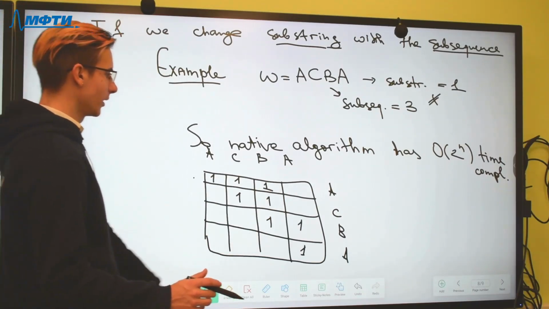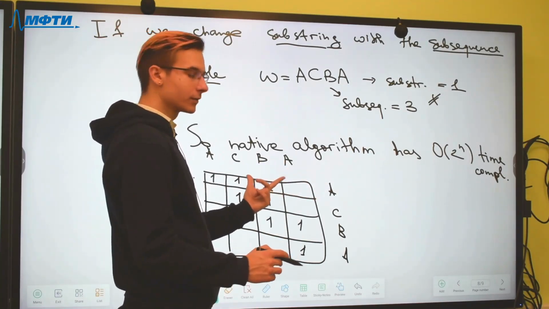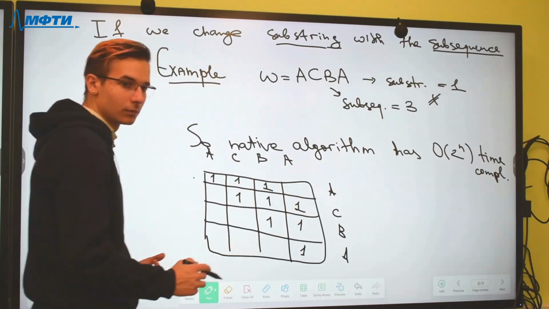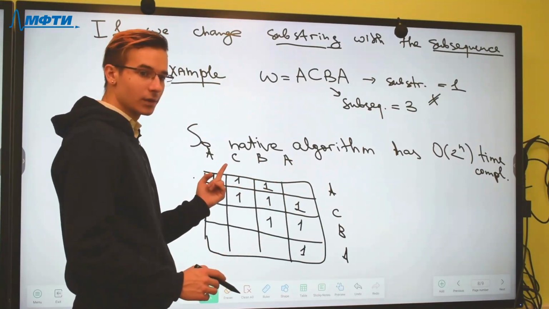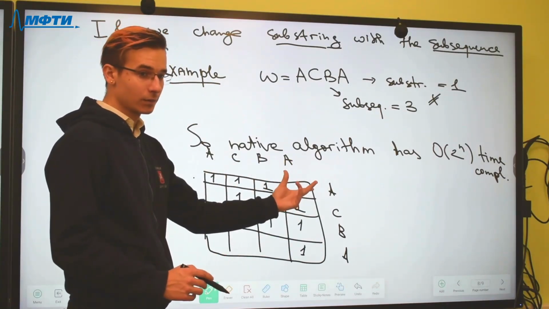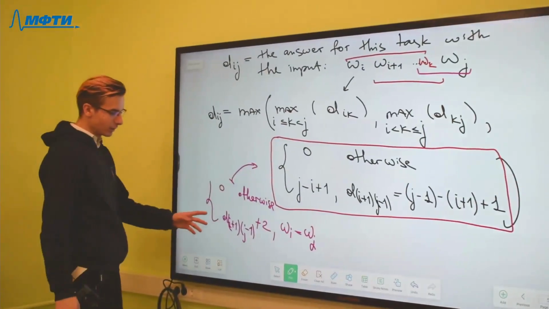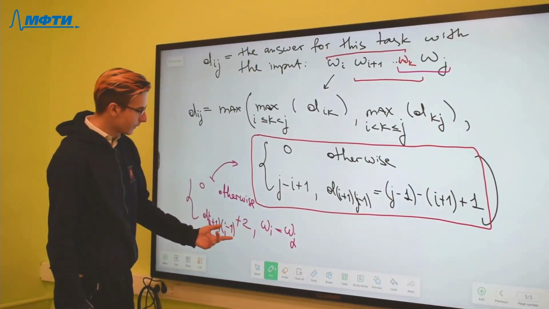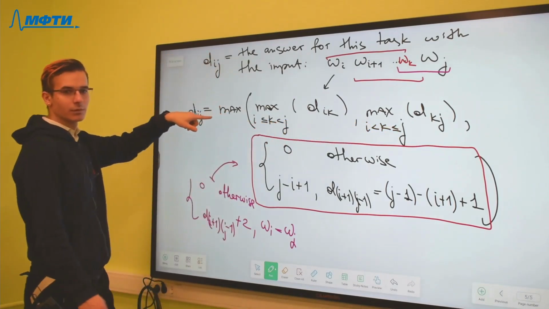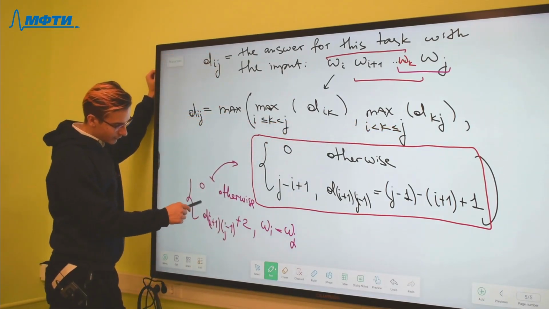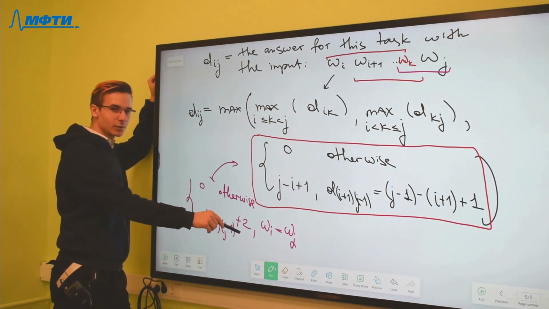Then from C to A, they're not equal, so I set 1, 2. Then if I compare the last character with the initial character, they're equal, so as we changed here, I add 2 to the answer for the subtask.